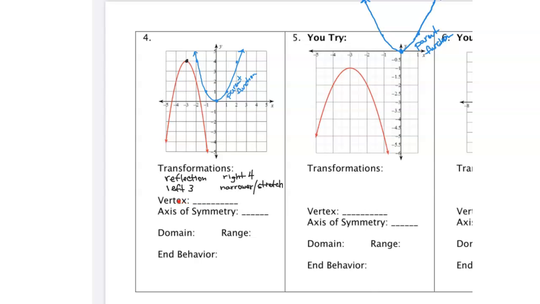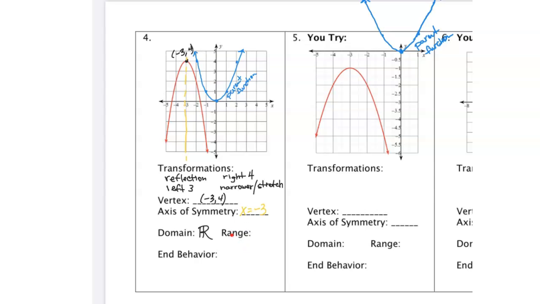Okay, next our vertex. The vertex for our new parabola is at negative 3, comma 4. So that's our vertex, negative 3, 4. Our axis of symmetry goes directly through the middle, and so it is the equation x equals negative 3. As for our domain, again, it's quadratic, so all real numbers.